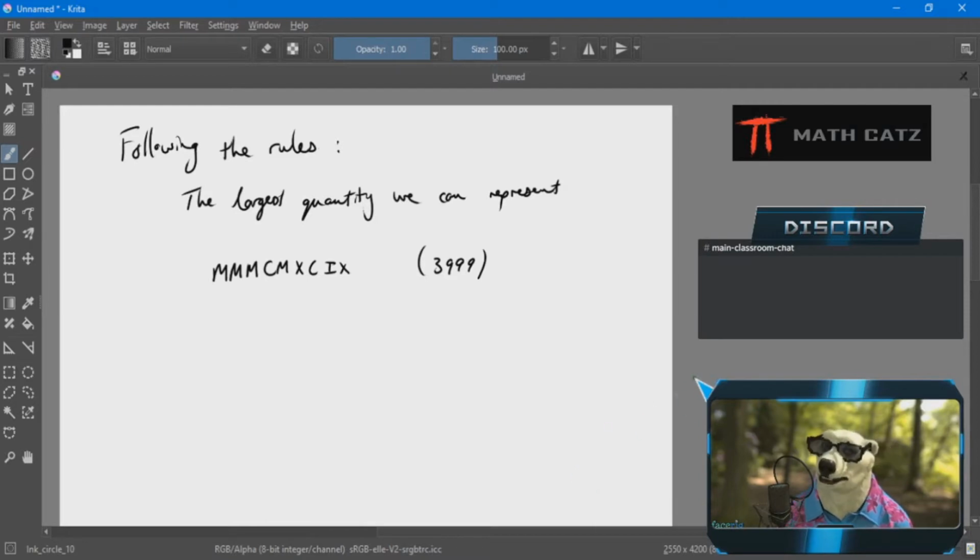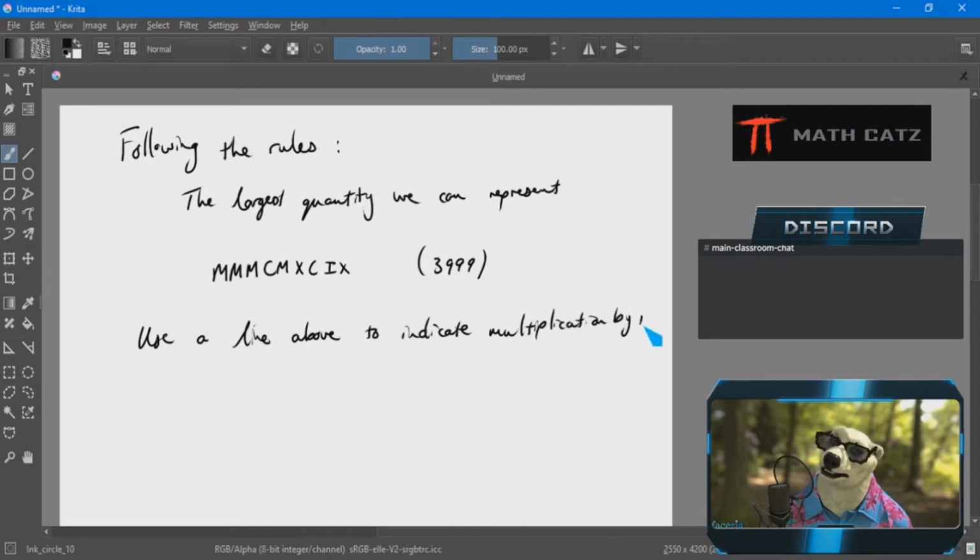What they came up with is to not introduce new symbols past M and make it more and more complicated, but instead they use a line above the letters to indicate multiplication by 1,000.